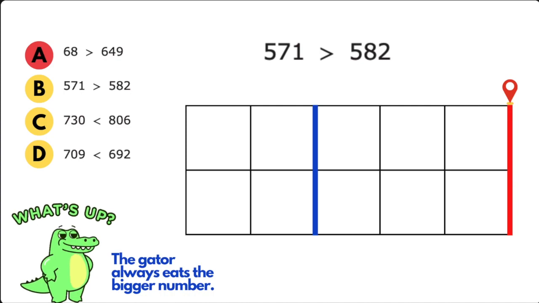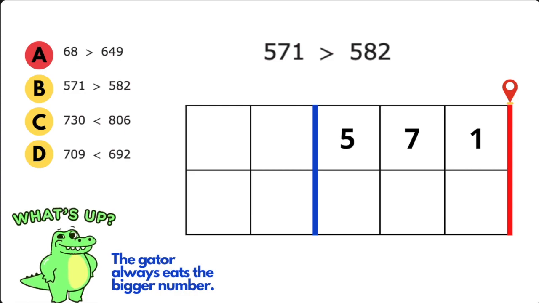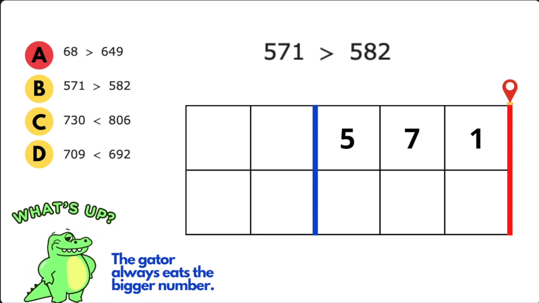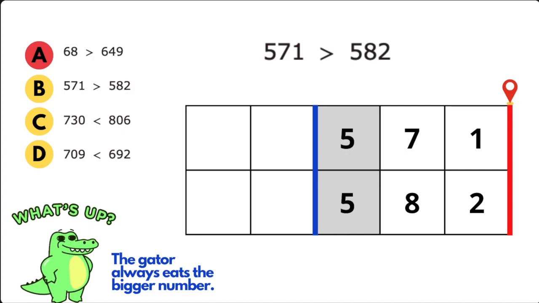We'll put the first one in there. 571 fits right in there. It's not 1,000, so it fits right through the hundreds place. We'll put 582 in there. Let's compare by the largest value first. They both have 5 in the hundreds place, so that doesn't help us, but we can see that it changes when it gets to the tens and the ones place.